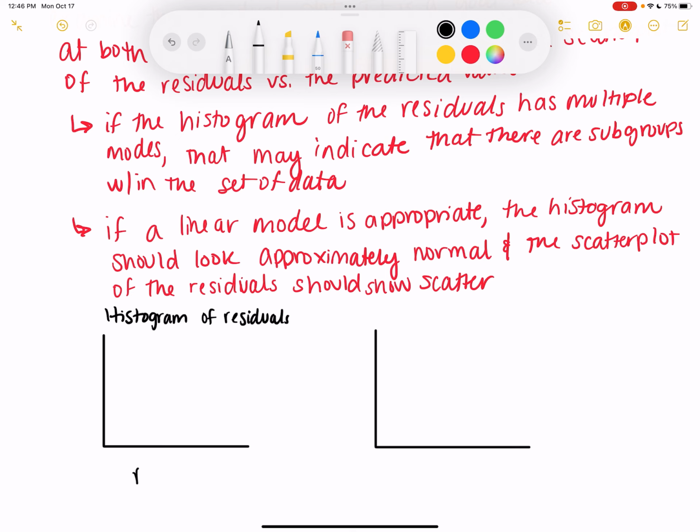And so this is going to be the residuals. Then this one is going to be the scatter plot of residuals. The residual is going to be over here. Predicted values down here.